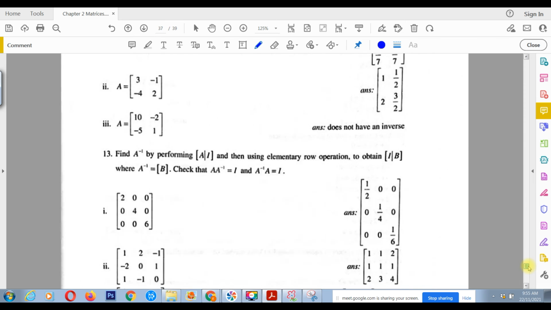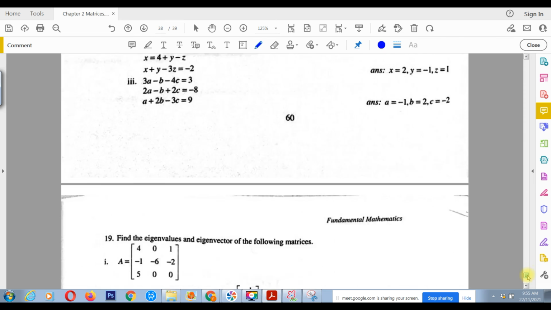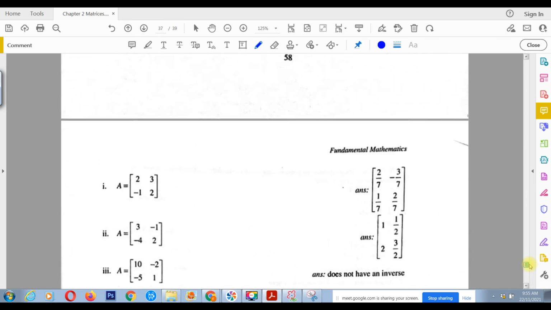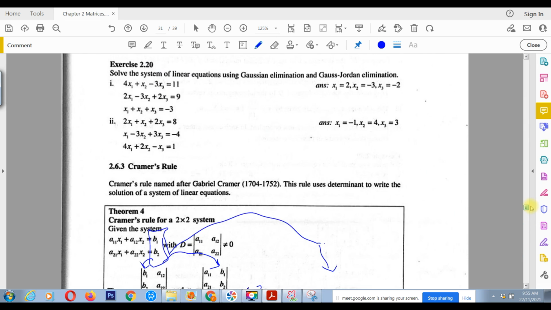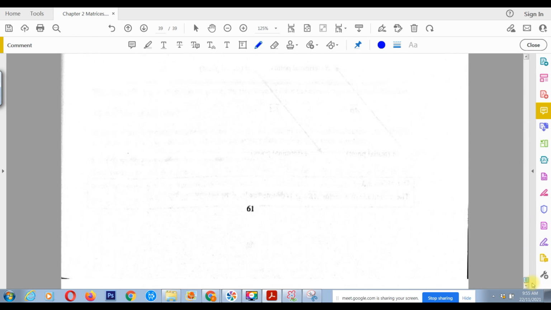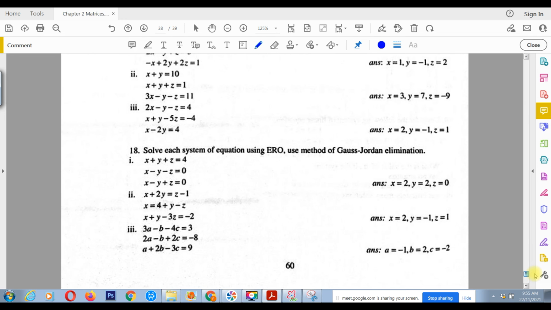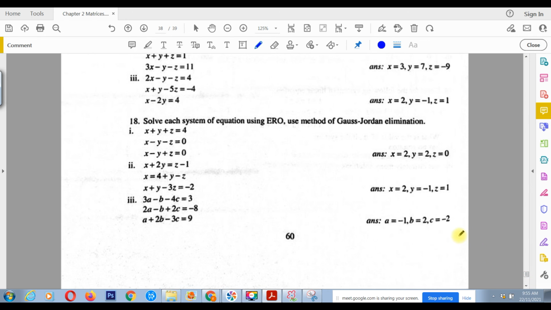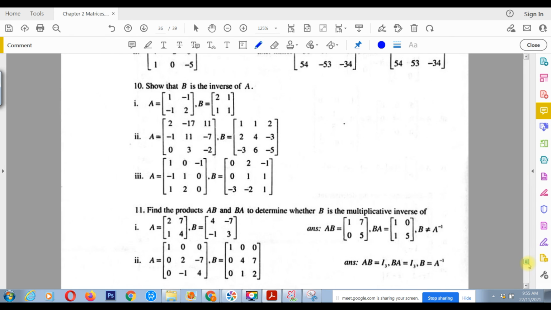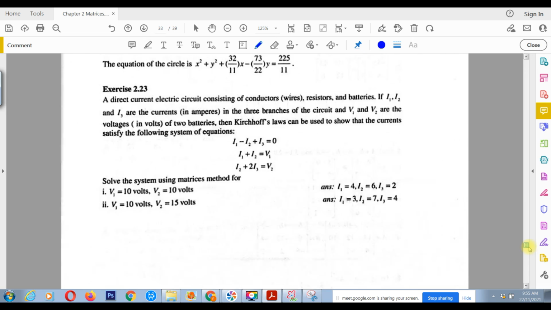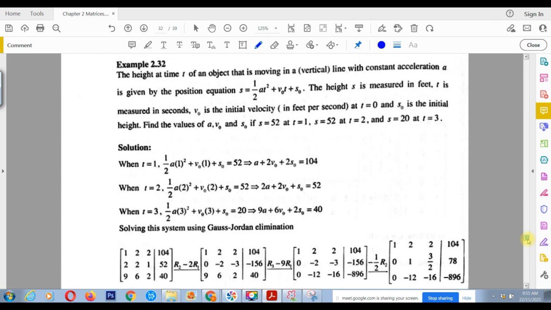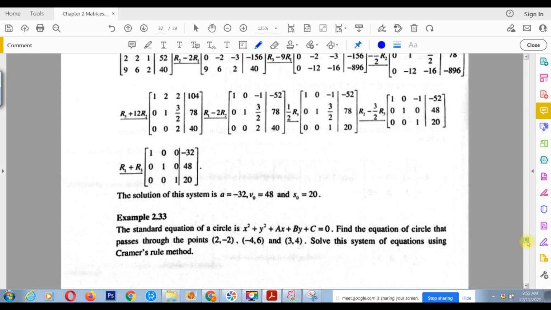I hope you can manage everything inside this tutorial. Hopefully by the end of next Wednesday, you can upload your solution for matrices, solve it, and submit it to me with the correct answer.